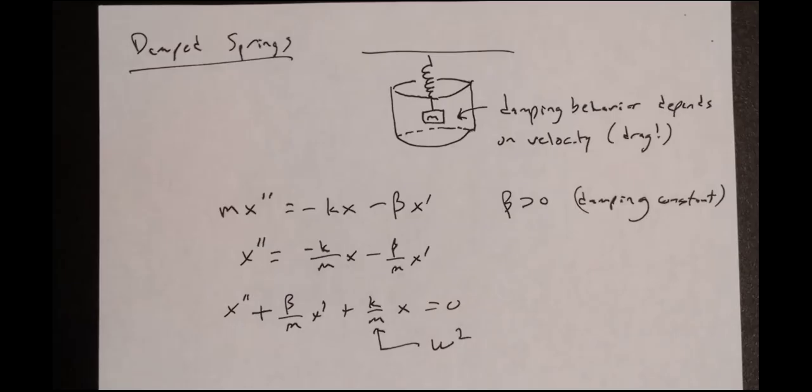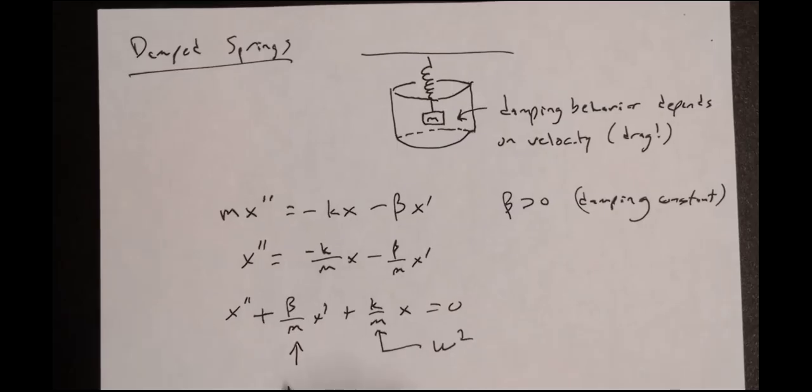That was the complex number part that gave us the phase. I'm going to do the same idea here, only this time, instead of using a square, I'm going to call this 2 lambda. I promise the 2 is there for a reason. The 2 is there to make my life easier when it comes to the quadratic formula.